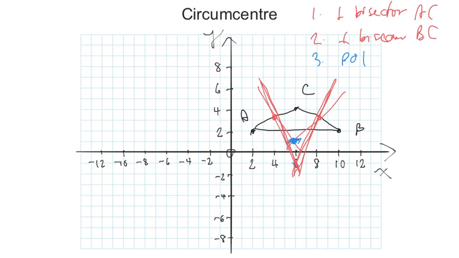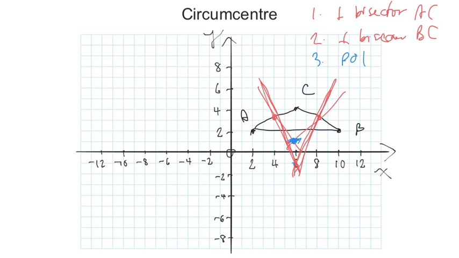As one last thing, some students in the past have made the mistake of thinking that the circumcenter has to be the same as the centroid. Admittedly, in some triangles that happens, but only in very special cases. In general, they're not the same.